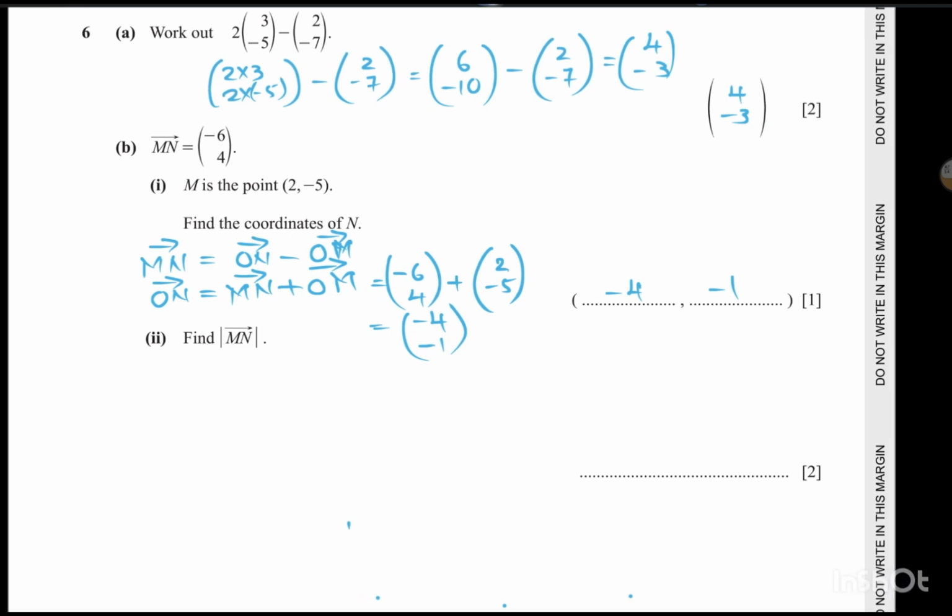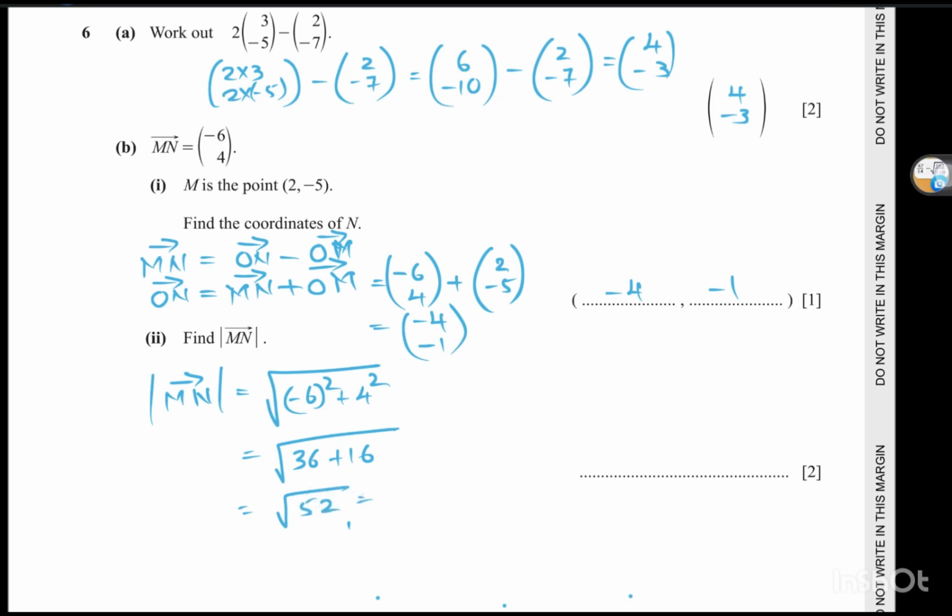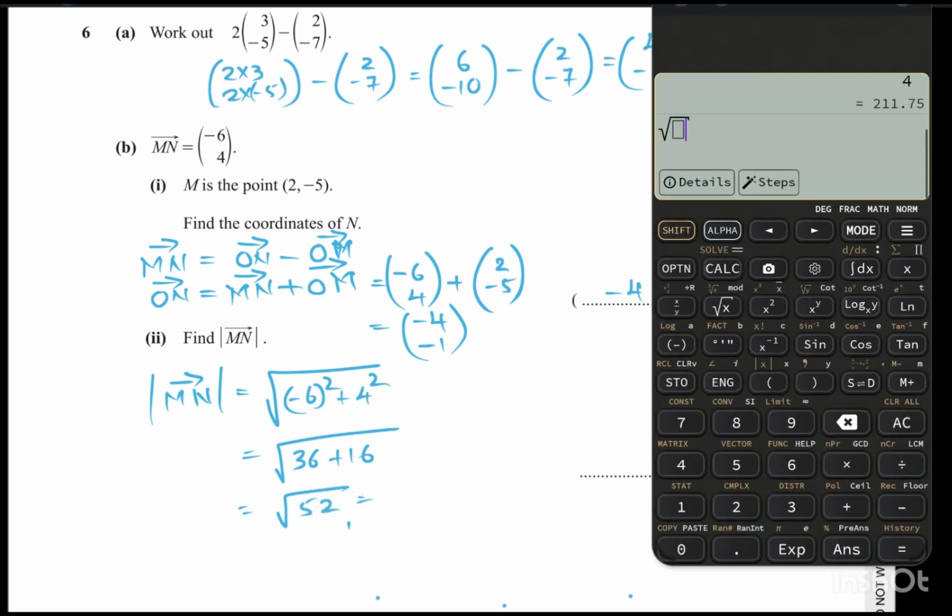Question 2. Find the magnitude of vector MN. The magnitude of vector MN will be the square root of (-6) squared plus 4 squared. So the square root of 36 plus 16, that is the square root of 52, which is 7.211.